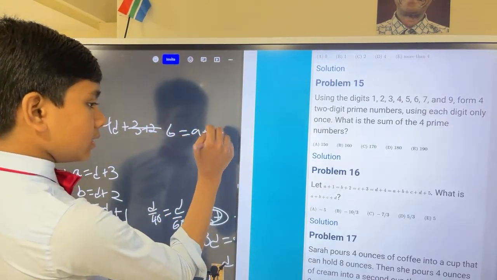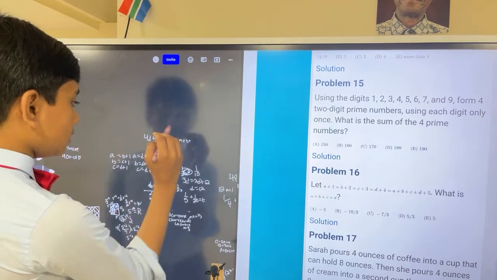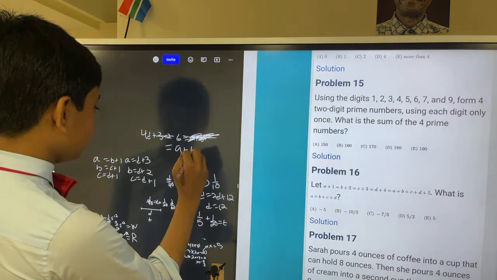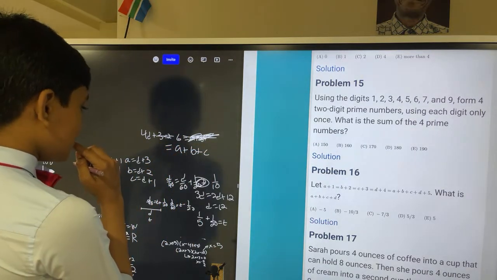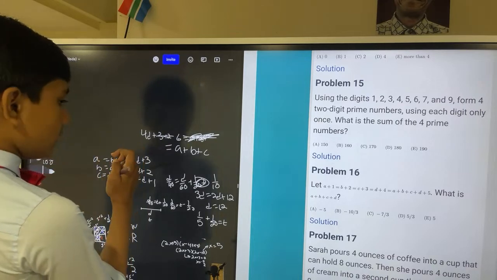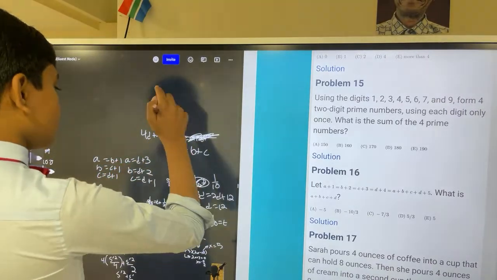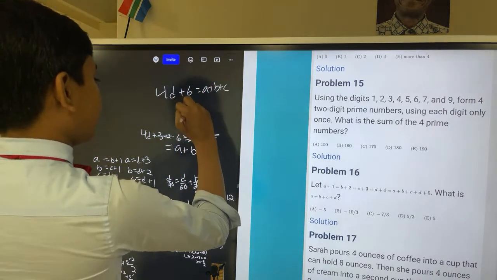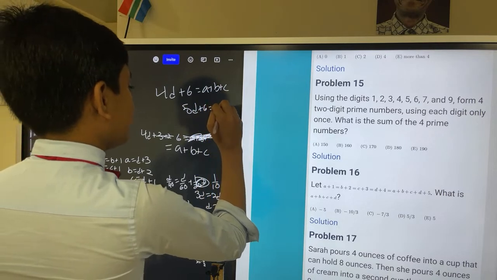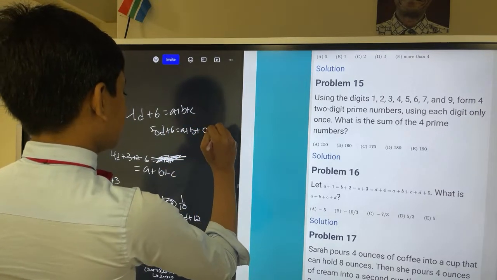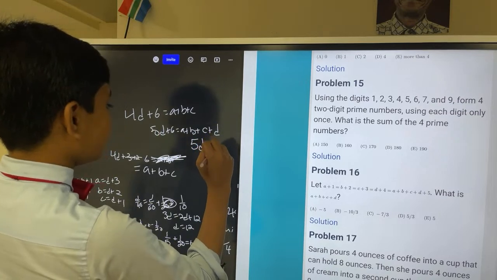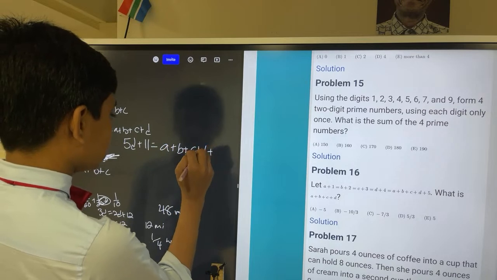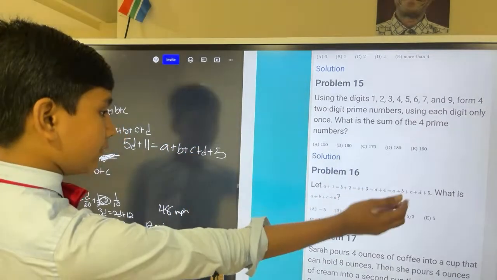plus B plus, wait, no. Okay. So this is equal to A plus B plus C. So then we know that, okay, so if we know 4D plus 6 equals A plus B plus C, then 5D plus 6 is A plus B plus C plus D, and 5D plus 11 is A plus B plus C plus D plus 5, which is what we have here.